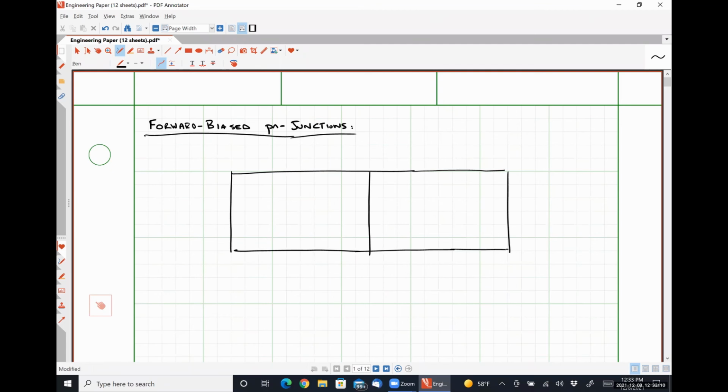And let's start with a junction at 0 bias. So I have bound positive charges on the N side of the junction.